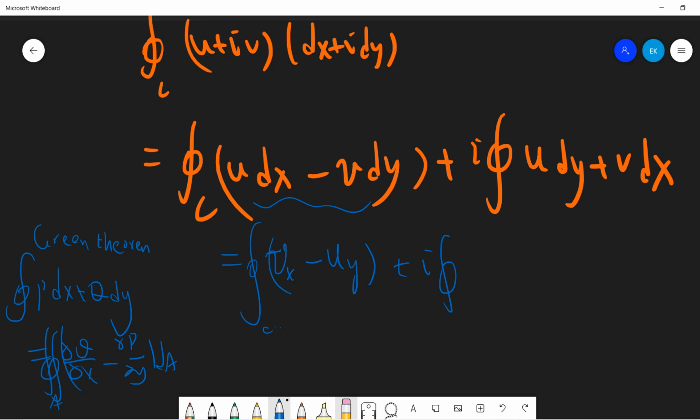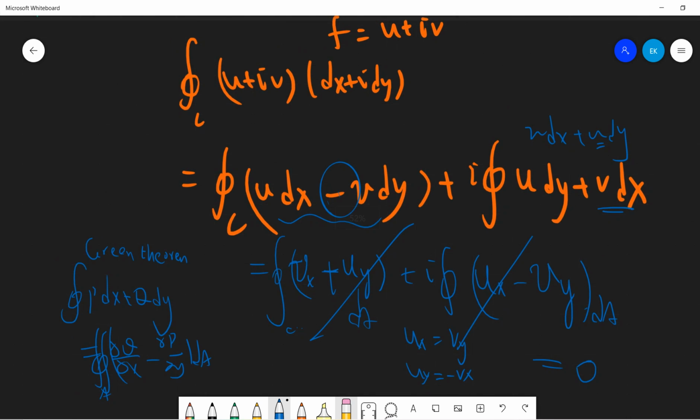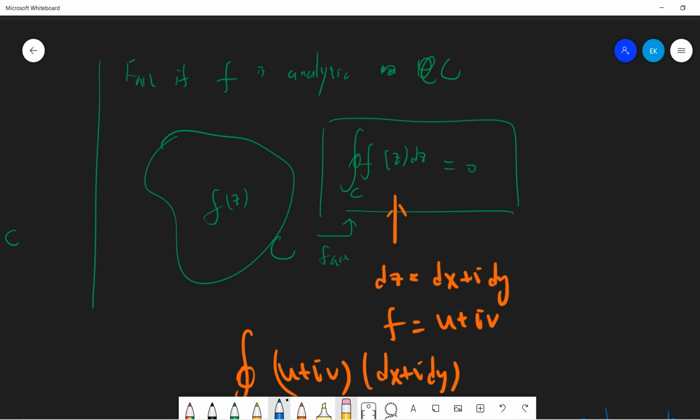Plus i times, so let's say this is v dx plus u dy, so you will get ux, well, this should be plus, because there's a minus term here. So you get it here, dA. And the Cauchy-Riemann equations tell you that ux equals vy and uy equals minus vx. Okay, so these two terms cancel. So you get zero integral along C. Okay, so this is the first fact we are trying to prove.